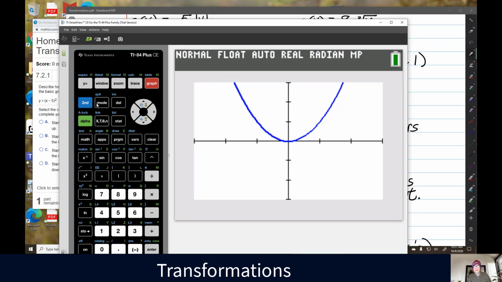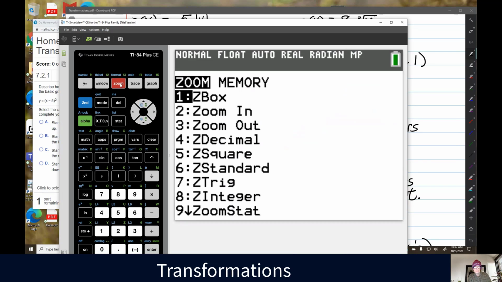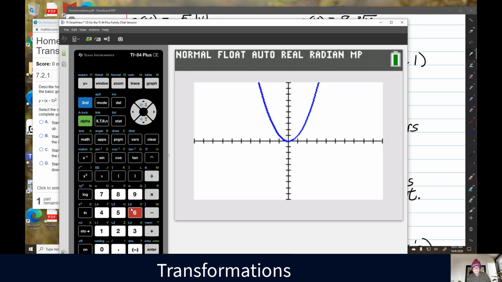There's a quick way to put your window back to its home position, which is zoom, that key right there, zoom. And then go to Z standard, which is 6. And now you're back to -10 to 10, -10 to 10, which is called your home screen. We've got x squared in its home position on our home screen.